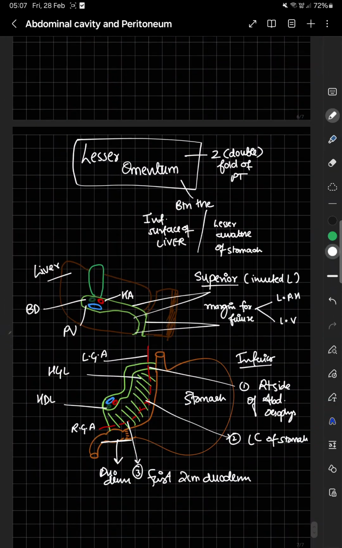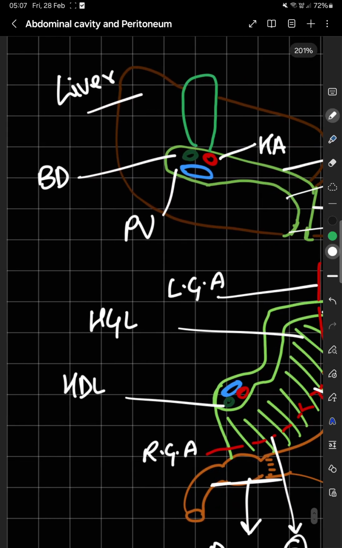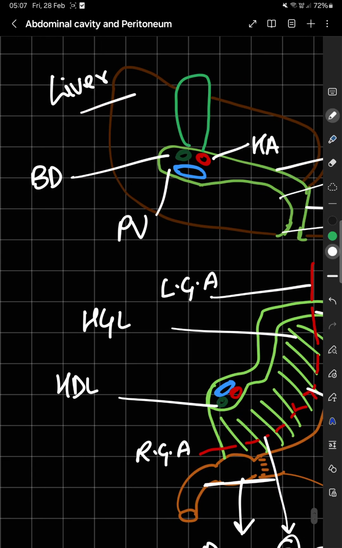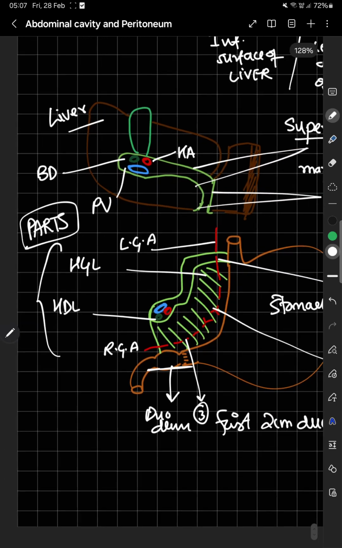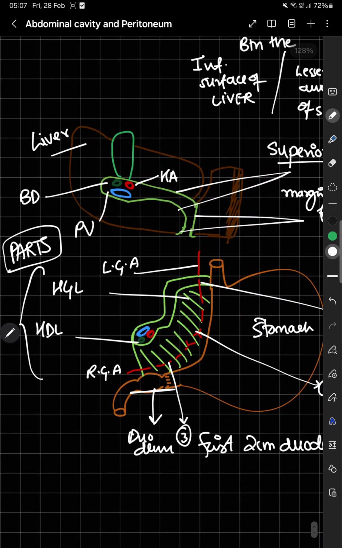Okay, so this is all about our lesser omentum's attachments superiorly and inferiorly. We have also discussed its parts. Between the stomach and liver is the hepatogastric, and between the duodenum and liver is our hepatoduodenal ligament. Now we have the right free margin of lesser omentum.